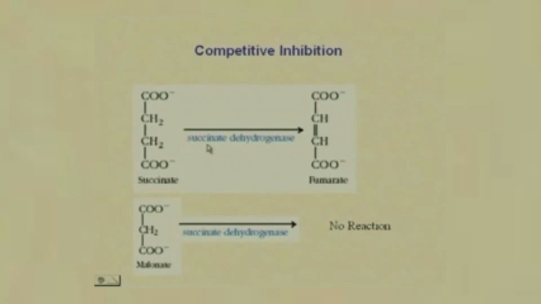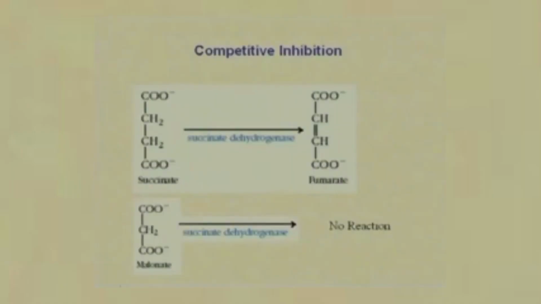This enzyme works only on succinate and removes the hydrogens to form a double bond here. It does not work for malonate. What is the difference? Just this CH2. So the succinate dehydrogenase active site is just enough to fit this. It does not fit this. It's that specific. Each enzyme is this specific.